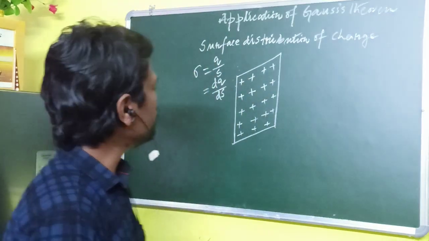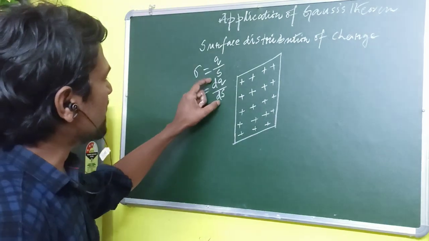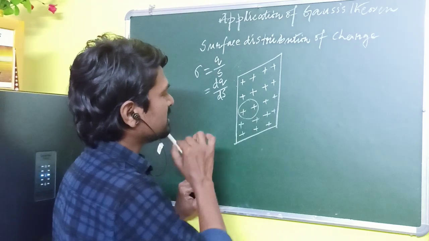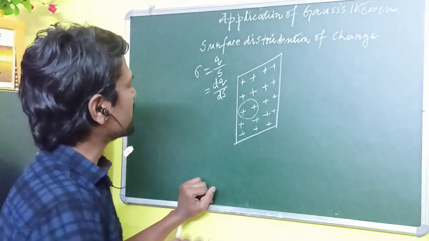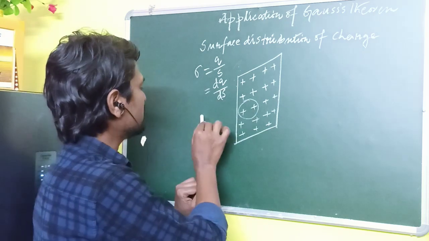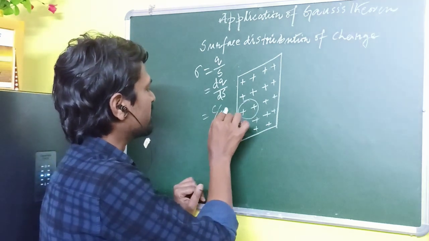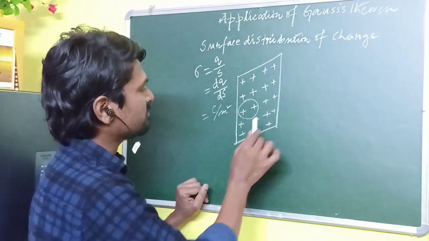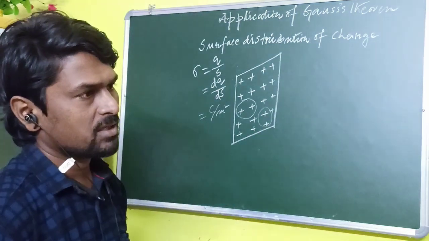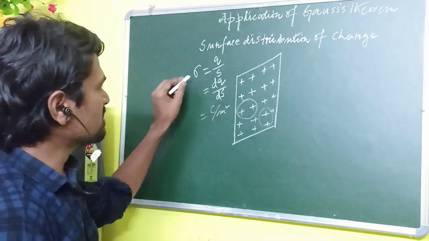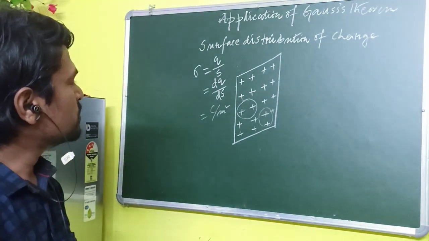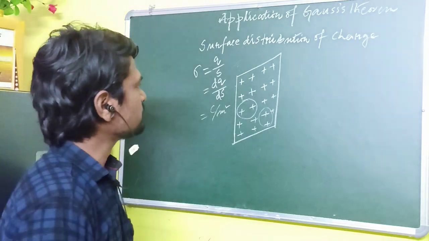So dq by ds means the charge density. If we take a small portion, you get this many coulomb per meter square surface density, and if you take another small portion, the value remains the same, that is sigma equal to q by s.